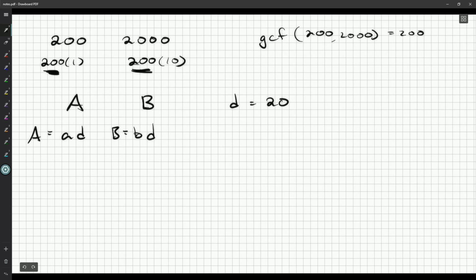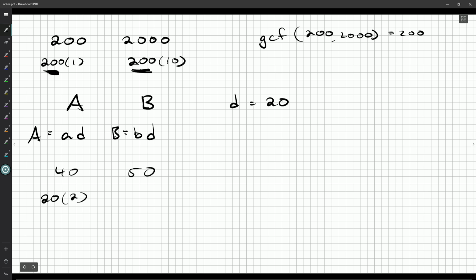How about the next pair? 40 and 50. What do they have in common? Now, this is going to go the opposite way. You need to have 20 as a factor in common to both of them. Can I write 40 as 20 times something? Yeah, 20 times 2. Is 50 20 times something? Not a whole number. It's 20 times 2.5, but no, 20 isn't a factor of 50.